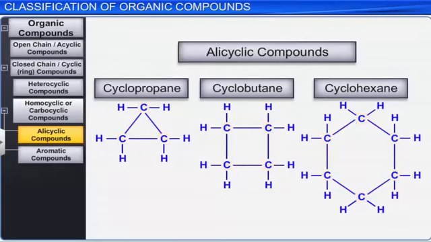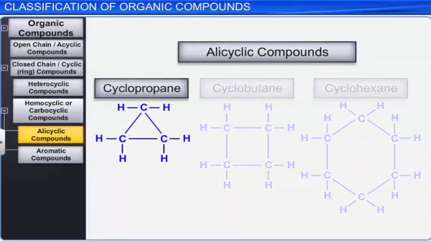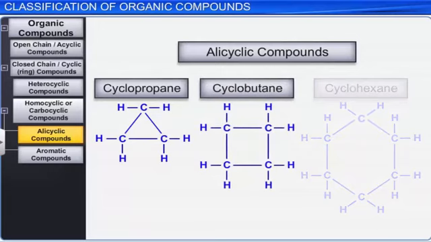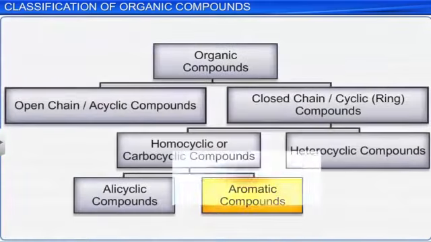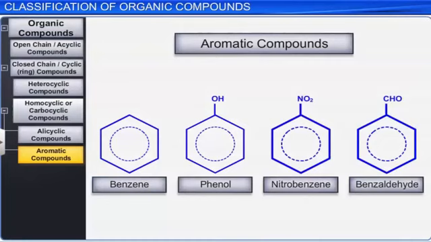For example, cyclopropane, cyclobutane, and cyclohexane. Aromatic compounds are benzene and the compounds that resemble benzene in their behavior.